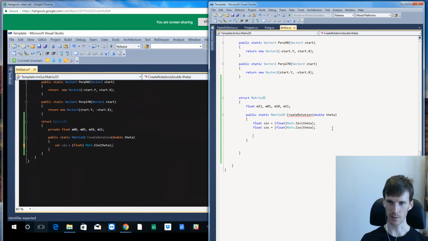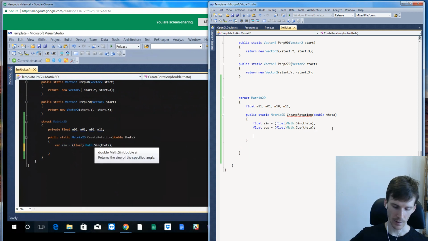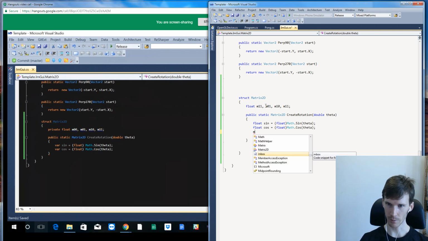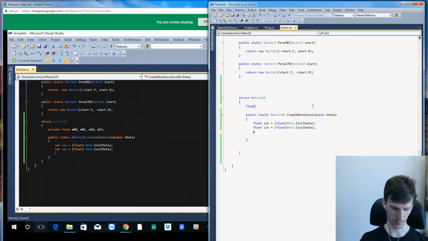And I mean, this is just sort of banging it out. So m, what have I done here? Float m00, m01, m10, m11. Okay, so we can say m00 equals, what was it?